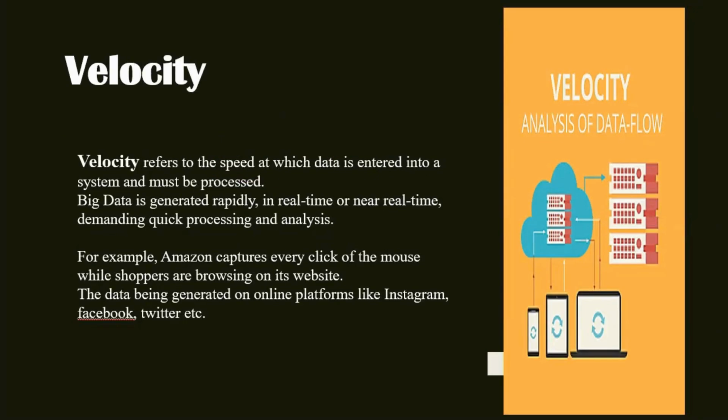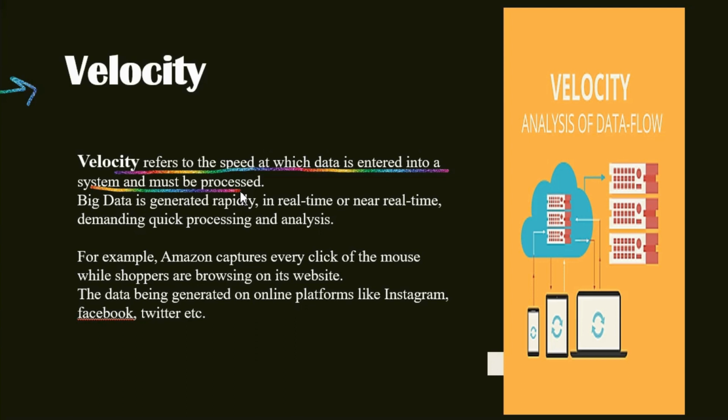Next we have velocity. Now what does velocity mean? In data, velocity refers to the speed at which data is entered into a system and must be processed. That simply means, for example, you are using phones right now, or you are watching this video right now.